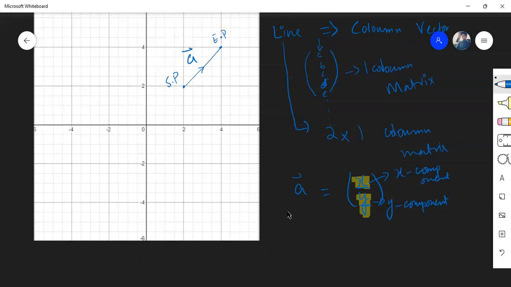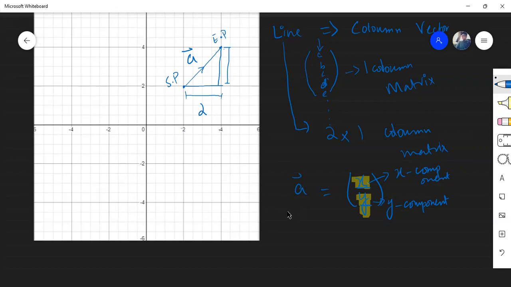Now what we do is we make a right angle triangle like this from the starting point to the end point. And then we simply count the number of units on the horizontal and the number of units on the vertical. So here the horizontal units are 2, because it starts at 2 and it ends at 4.